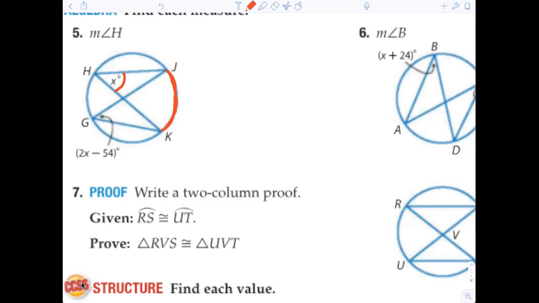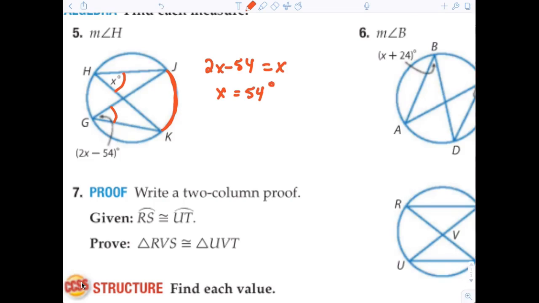And that this angle G is also half of JK. Therefore, those two angles are equal, so we can just say 2x minus 54 is equal to x. So x is equal to 54. All right? So they're saying angle H is then what? 54 degrees. Like I said, it's very simple.